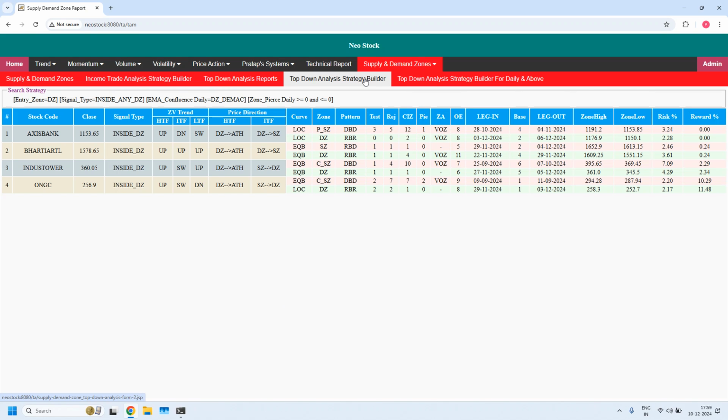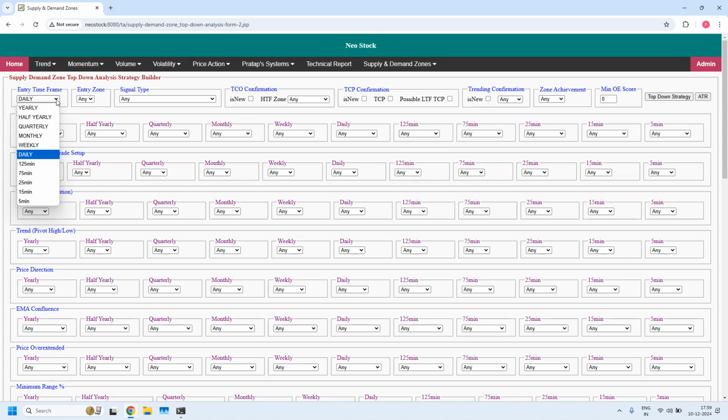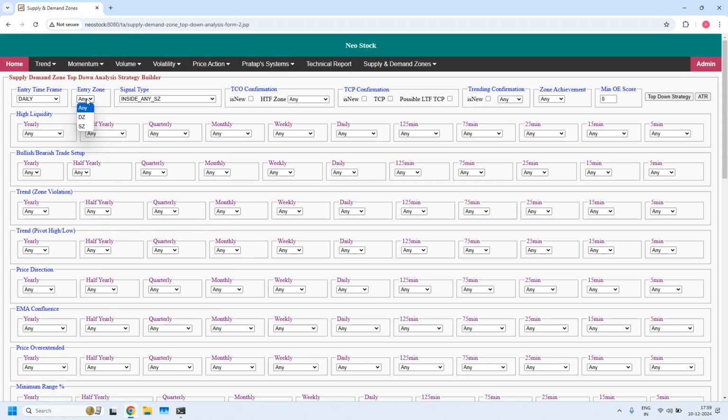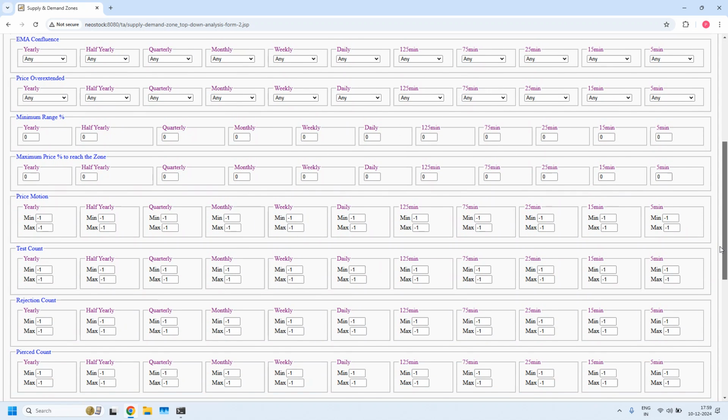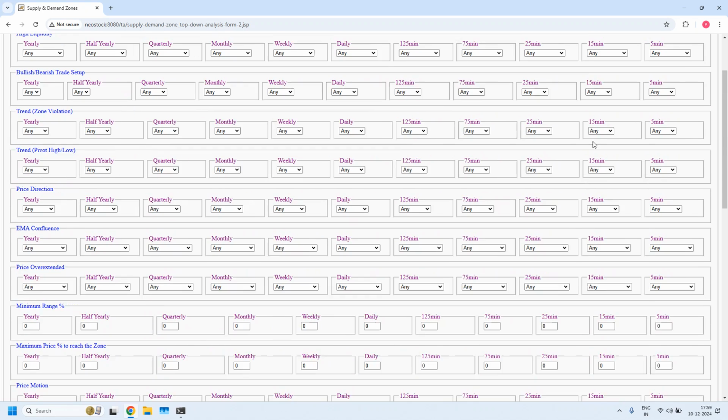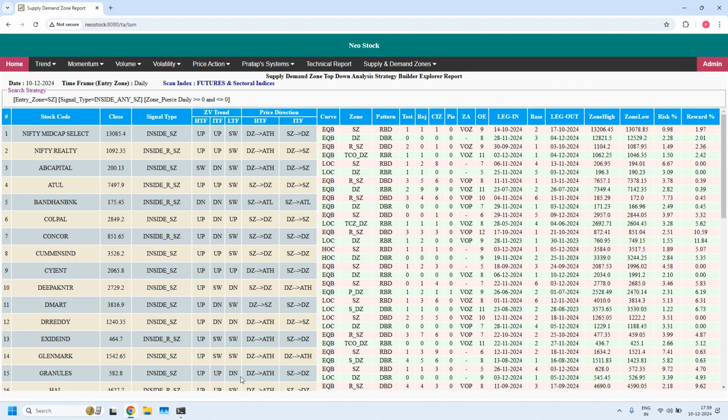Okay, next, for daily time frame, price closed inside daily supply zone. These daily supply zones should not be pierced. So in the pierced column, at daily time frame, minimum value 0, maximum value 0. With this filter, we got a big list.